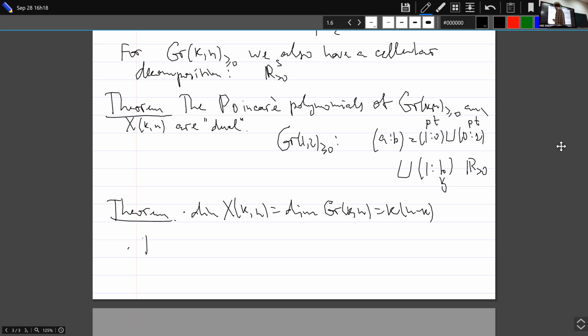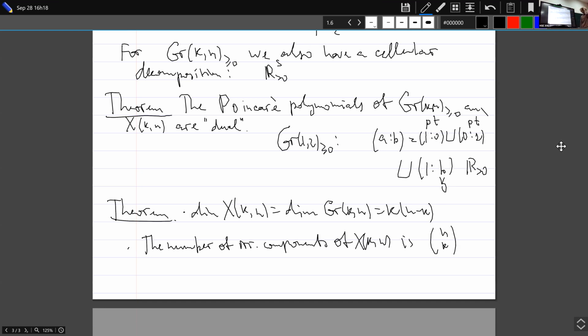And also the number of irreducible components of XKN is n choose k.